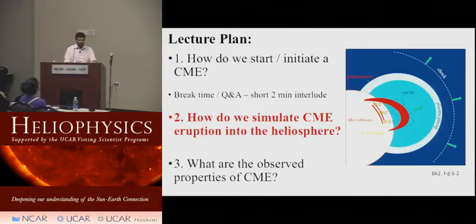Okay, so part 2 of this talk is, let's try to ignore the complexity of how to initiate the CME. Let's pretend that we already know how these things erupt. Let's now think, what are the consequences in the heliosphere or in the upper corona?